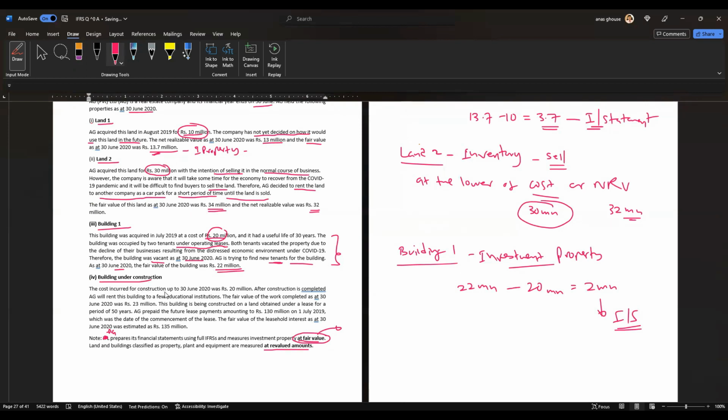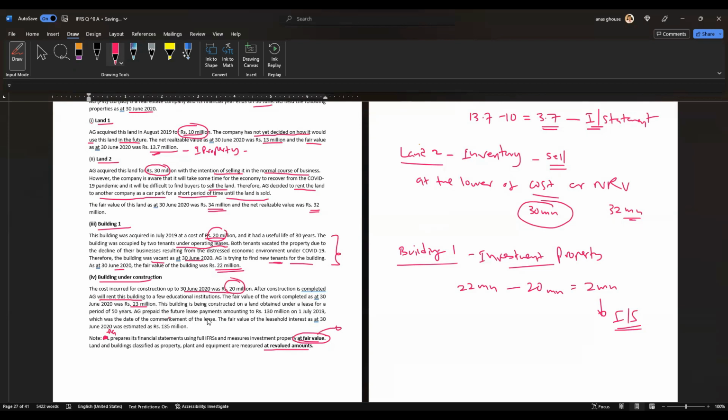The cost incurred for construction up to 30th June 2020 was 20 million. After construction is completed, AG will rent this building. Okay. After completing the building construction, this will be rented out to a few educational institutions. The fair value of the work completed as of 30th June was 23 million. The building is being constructed on a land obtained under a lease for a period of 50 years.